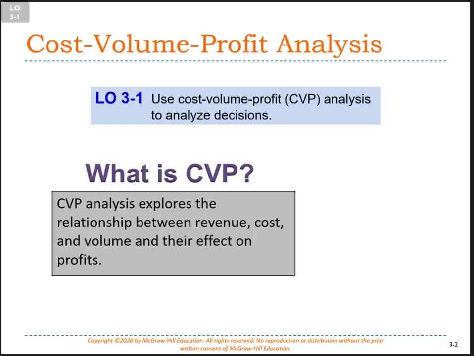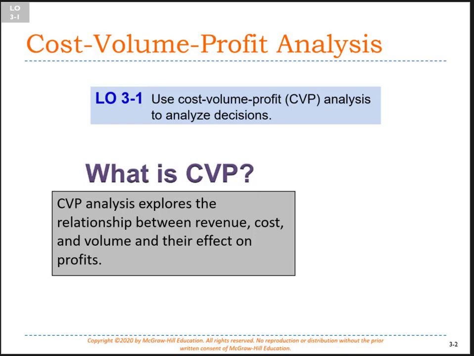And so therefore, we are going to have some formulas, some mathematical tools that will help us see what those changes in volume will have as far as changes in profits. Ultimately, that's what we're looking at, that profit situation.